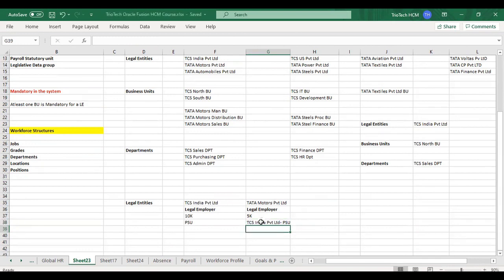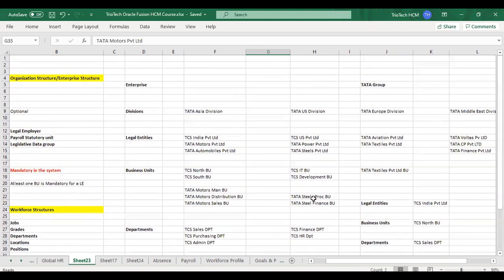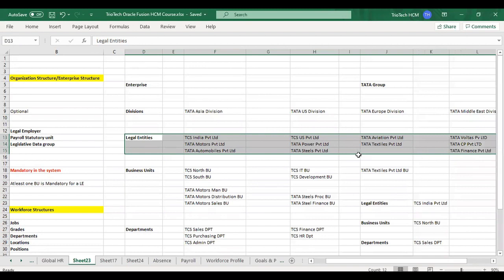So this will handle the salaries of these employees also. This kind of setup we can also do in the system. So whenever we define the legal entities, by this point of time, we should be very clear about all the requirements related to payroll, everything. Which company is going to handle the salaries of whom?